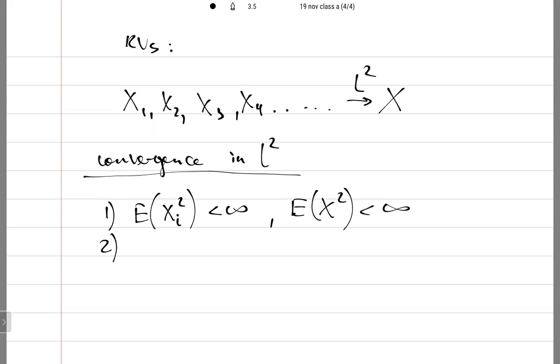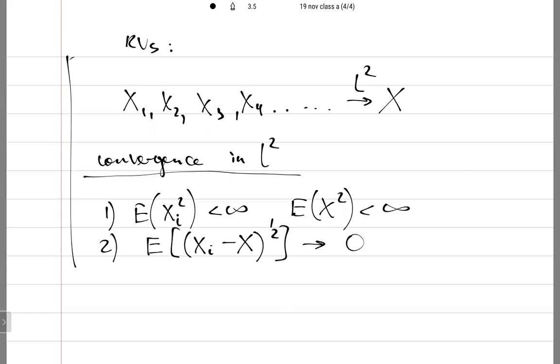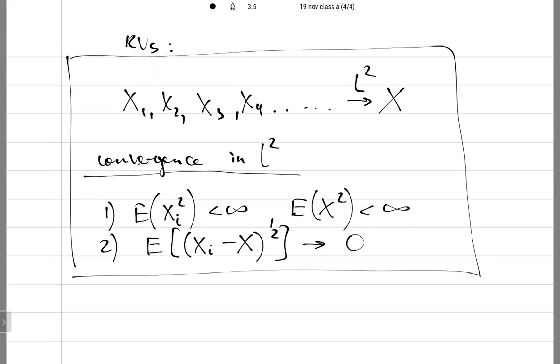L squared is a space of all variables with existing second moment. So they have variance, they have expected value. I don't care about the exact value of variance and expected value, but they have. And the main condition: the expected value of (xi minus x) squared should converge to 0 in the normal sense, because it's a non-random sequence. So this is the definition of convergence in L2. Okay?